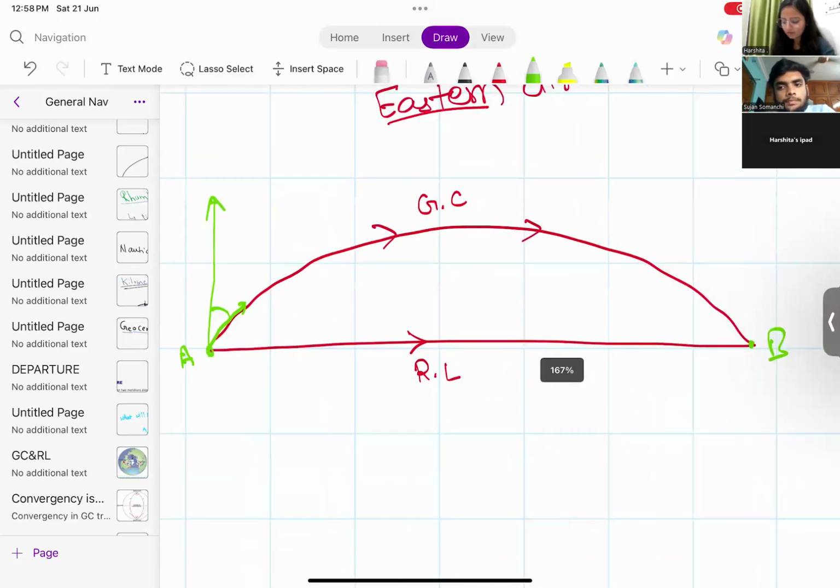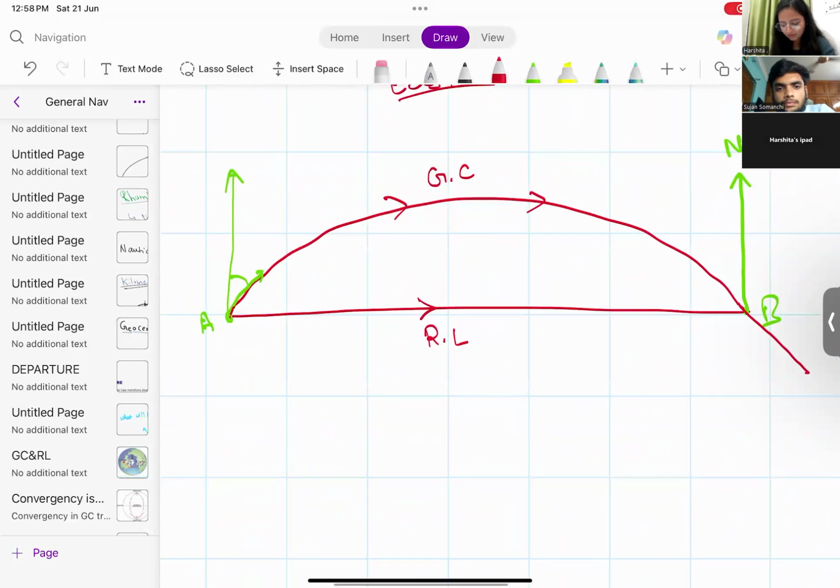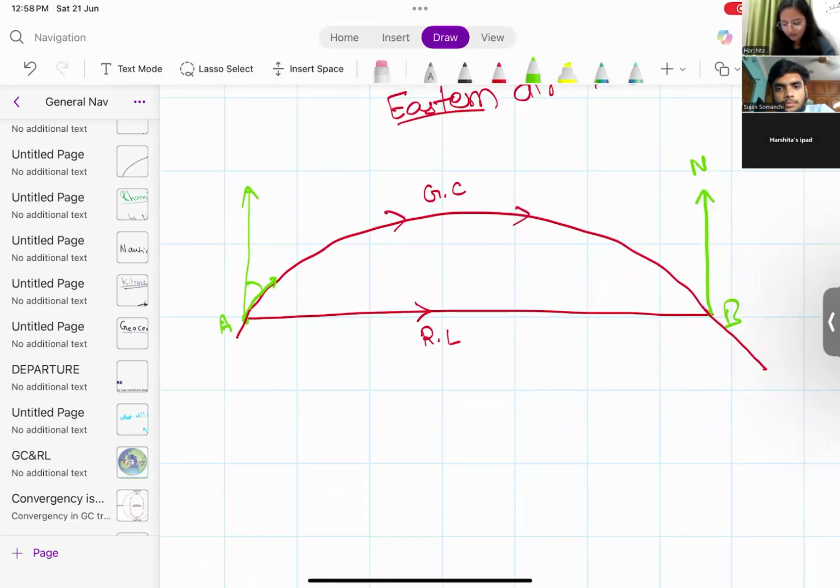Let's move to point B. Again, I drew the north. Do you see? This is how the track is going, right? Initially, it is making this much angle, and finally, it is making this much angle.